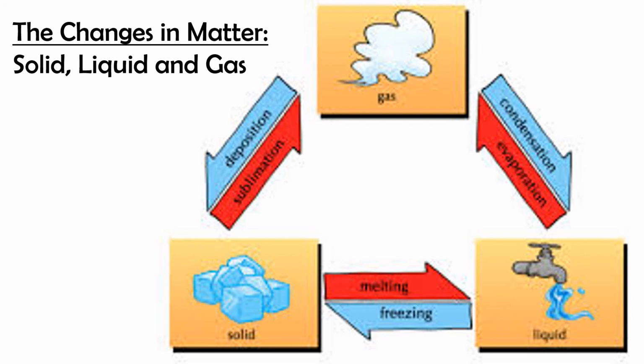Okay. So now, what changes in matter? How can matter change? Is there any possibility for these three states of matter to change? Yes, there is. Now we will discuss. So solid, liquid, and gas. This is the diagram of how matter changes.